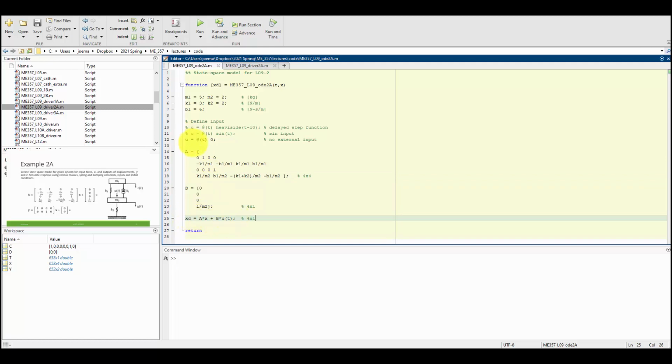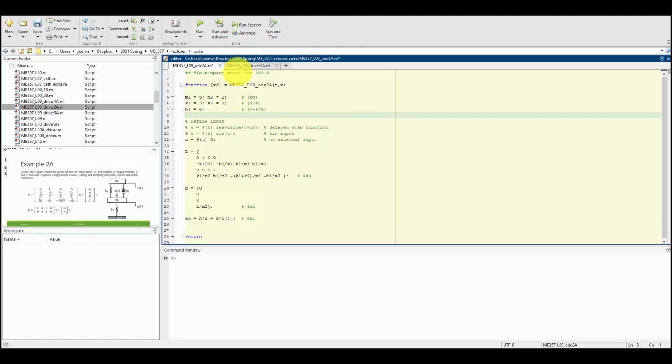In this case, u is again this anonymous function, so it has to take the current time. The basic structure is the same as what we saw in the previous numerical example. We define the A and the B matrices and put it together, and the only job of this function is to define x dot at every time, and for every current state, it tells us what the derivatives of our state variables are.